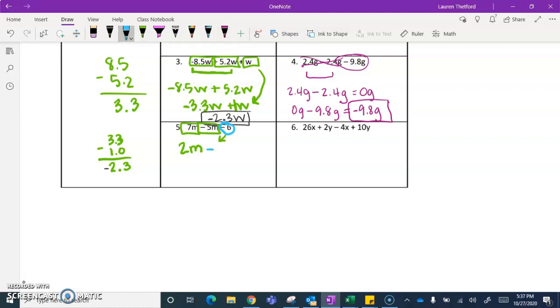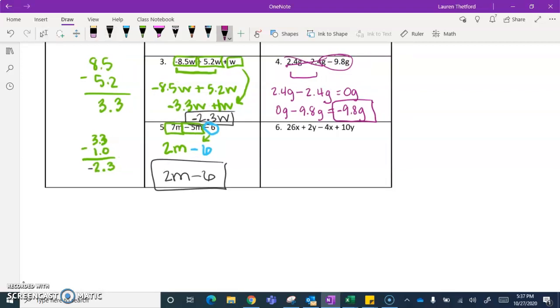We're just going to subtract 6. We can't do anything here. This is as simple as it can go. So my answer is 2m minus 6. We can't subtract them from each other because this one doesn't have an m on it. Since this one doesn't have a variable, I can't subtract something without a variable from something that has a variable.